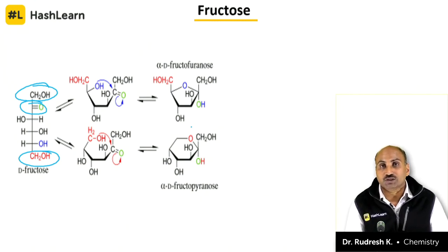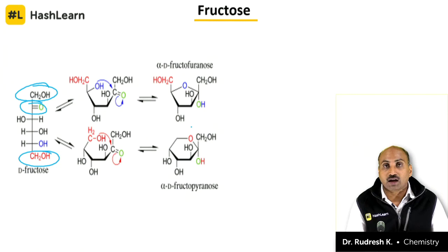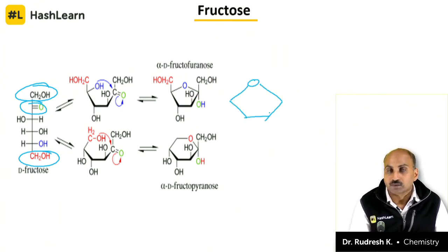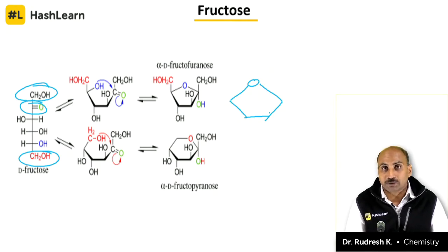These are the 2 structures named after the Haworth structure. If you find a 5-membered ring, it is called a furanose structure. When we get a 6-membered ring, that is called a pyranose structure.